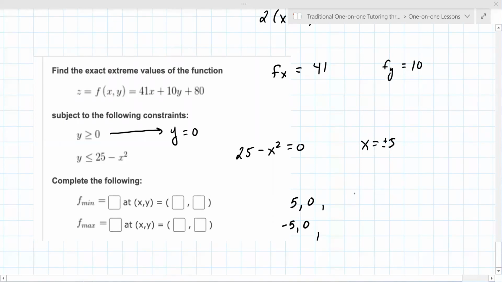So this is 285, and this is minus 125. So I would probably try minus 50 and 50. And I wouldn't try the min or the max yet, just in case, that way we don't use up one of our chances on those. Okay.